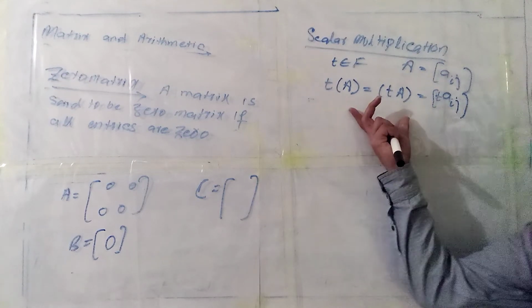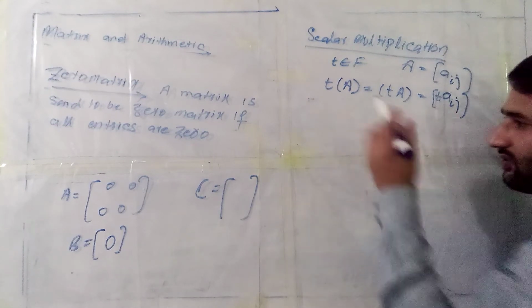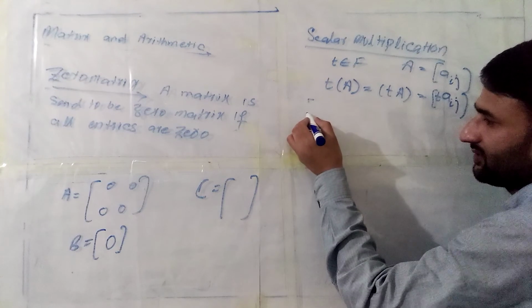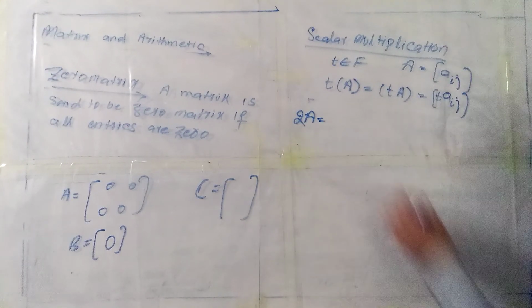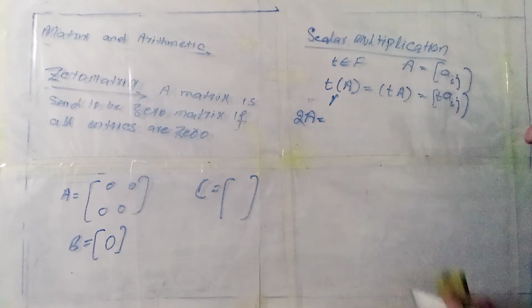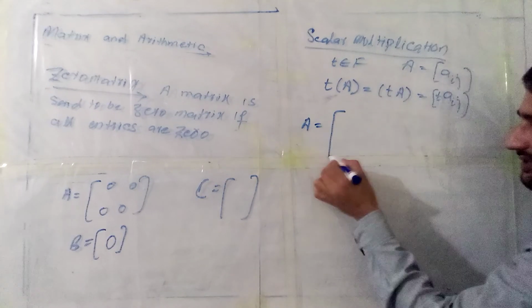This is the generalized way to define scalar multiplication. For example, if I choose a matrix here, 2a, I want to understand that A is equal to a matrix like this.